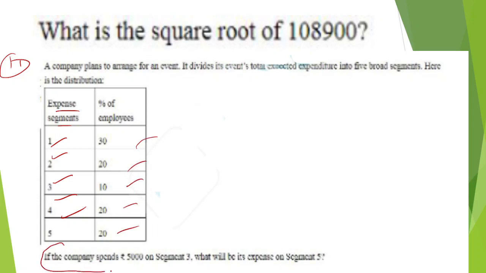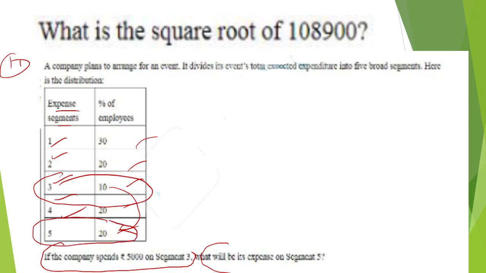If the company spends 5,000 rupees on segment 3, what will be its expense for segment 5? Segment 5 is entirely double of segment 3. Okay, so the answer will be 10,000 rupees.